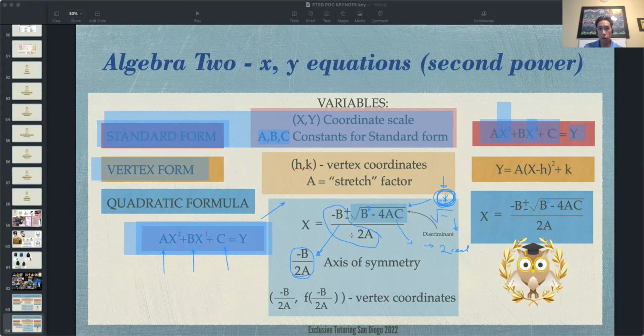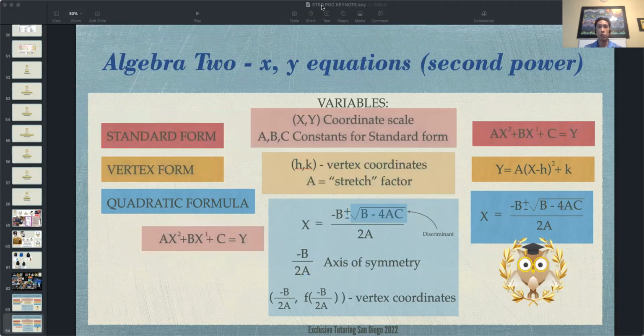But aside from that, the standard form and the vertex form are fairly interchangeable. The vertex form is a lot easier for us to find our vertex and to draw our parabolas. However, the standard form is our usual representation of the polynomial.